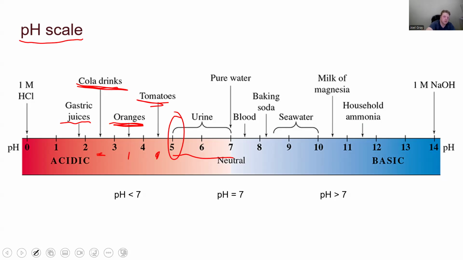If, however, you don't drink any soda, cola, pop, whatever, and instead you try to siphon all the salt out of seawater and you drink a bunch of seawater, so you get rid of the salt because that would be deadly to you, that's a more basic solution. That's going to make your urine pH slightly more basic. So your pH is going to be a little bit higher on your urine.